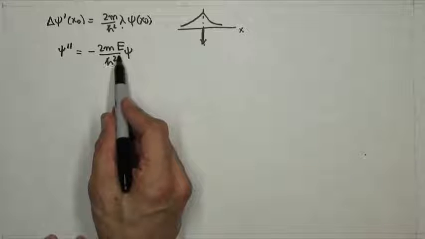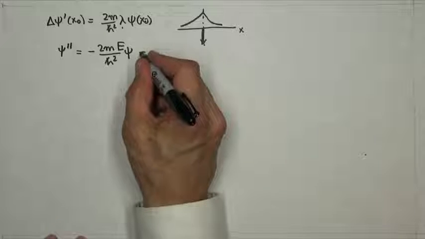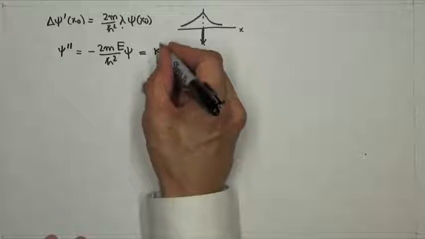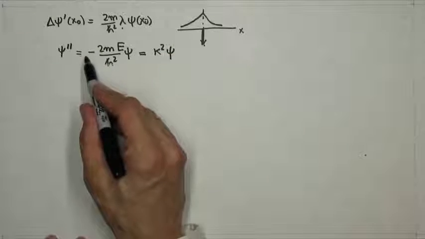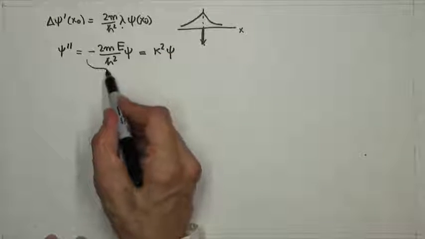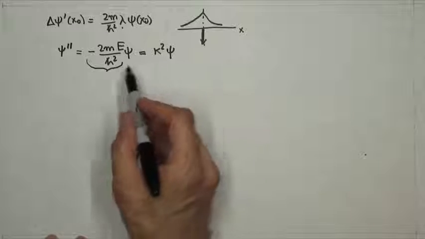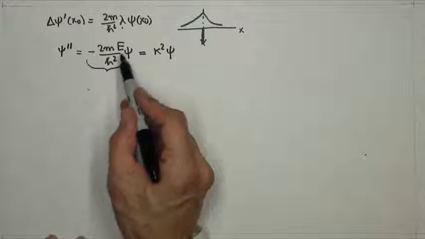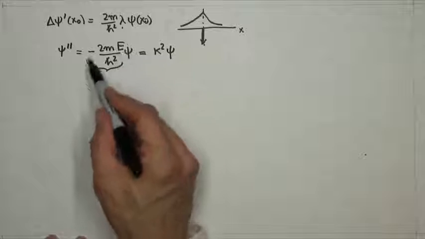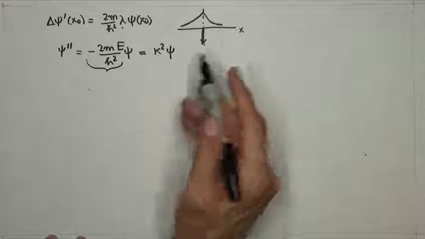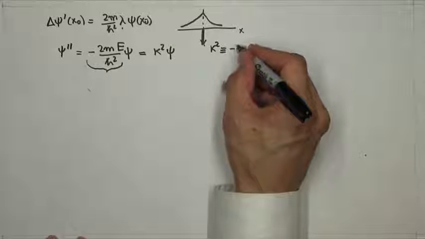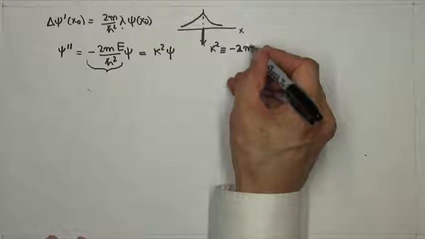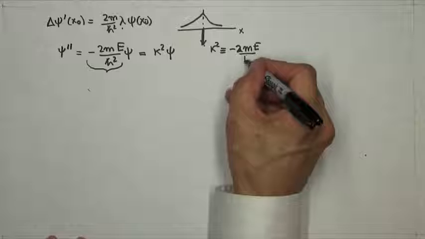Remember, E is negative for the bound states we're looking for. So I will write this as kappa squared times psi, because this whole number here is positive. There's a minus sign, and E is negative, so the product is positive, and that's kappa squared. So kappa squared is defined to be minus 2mE over h squared.